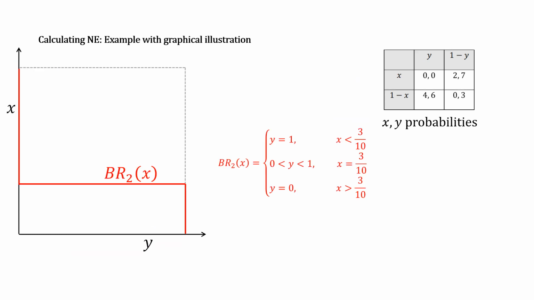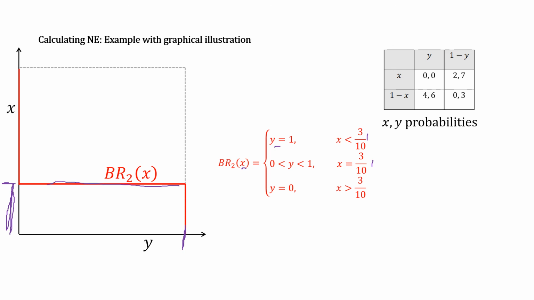So now let's look at the best response of agent 2 when x is varied between 0 and 1. When x is less than 3/10, we know that y should be equal to 1. So in this region here, y is equal to 1. When x is exactly 3/10, then we know that y should be 1/3.